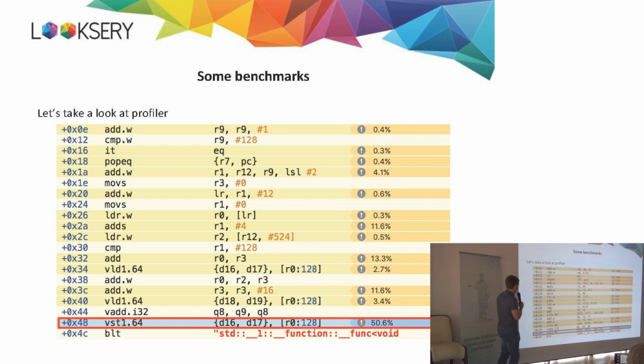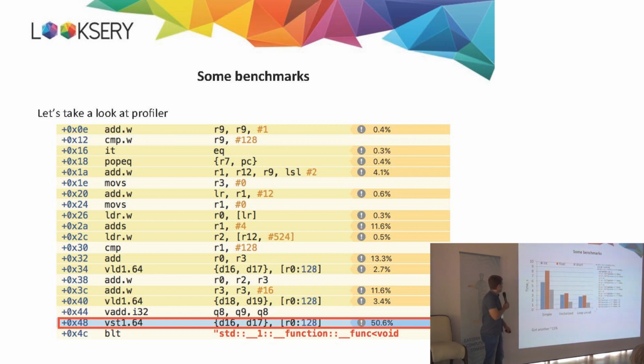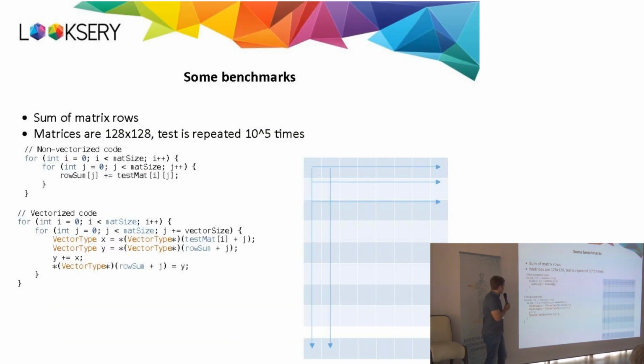What we can see is that our vectorized code has some extra instructions, like I said, that sometimes appear here. But what's more, 50% of the time it takes to execute this code is wasted on the store, which is quite strange. Well, it's necessary, but it takes so much.